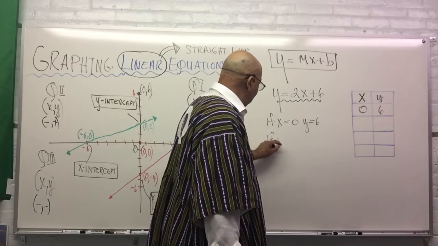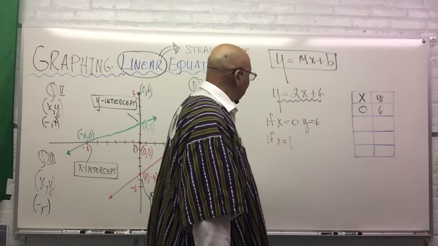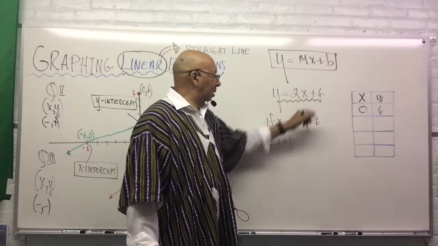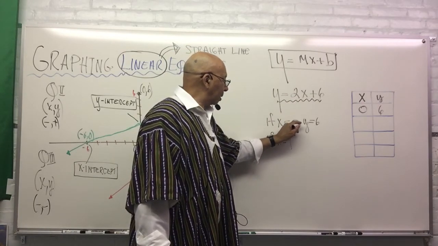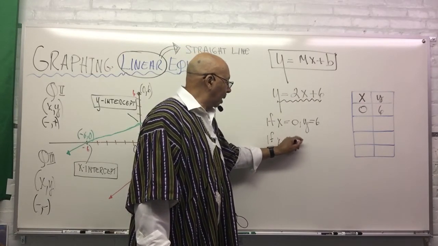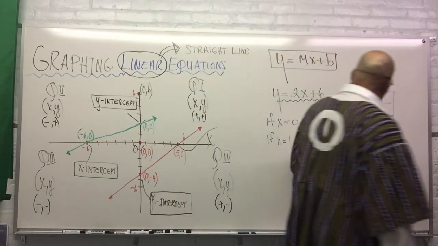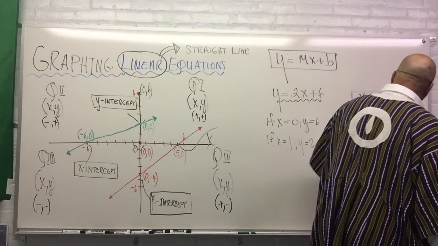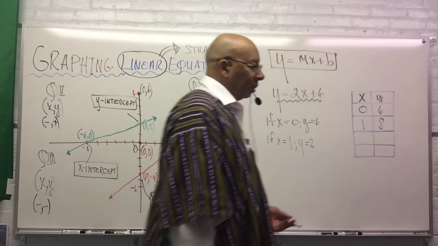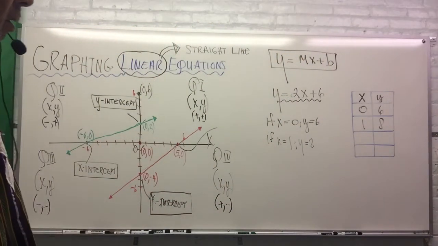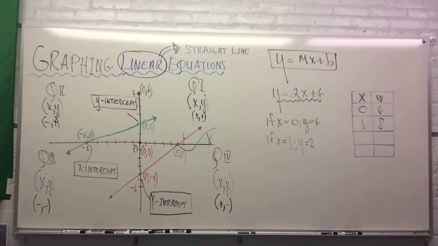If x equals 1, then 2 times 1 is 2, plus 6 is 8. If x is 1, y would have to be 8. So I would put 1 and 8. Now I wouldn't have to use these numbers because there's an infinite number of values that will make this equation work.